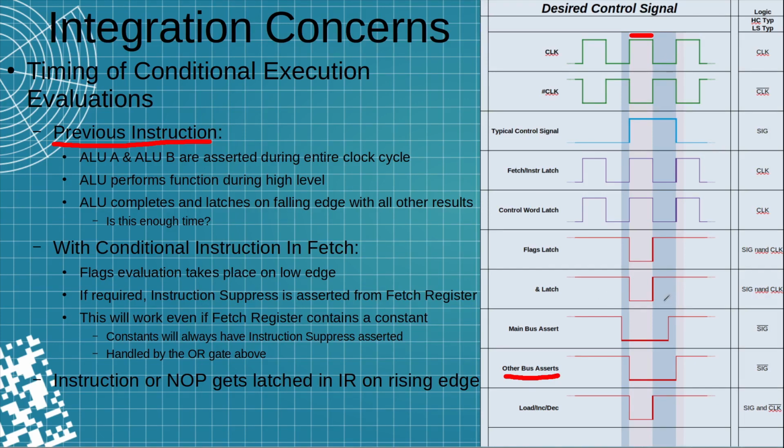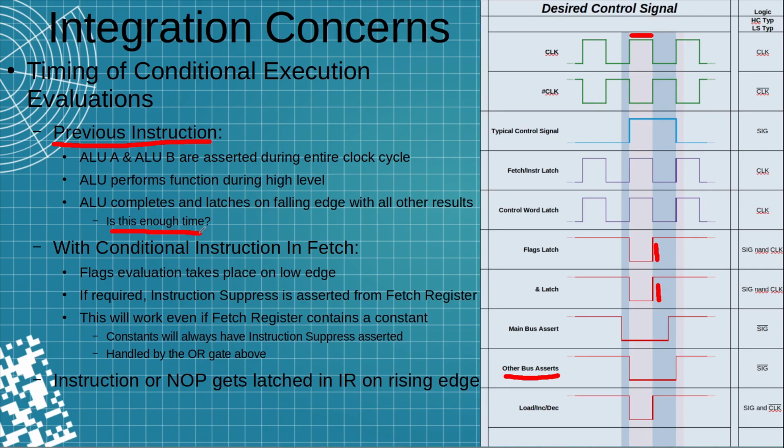So here we've got the latch back in R1, and we'll need to latch the flags at that point as well. I don't believe it's going to be appropriate to hold off on latching those flags because the contents of what's being asserted out onto the bus are likely to change as a result of that. So that latch actually has to take place at the same time that the result is latched.